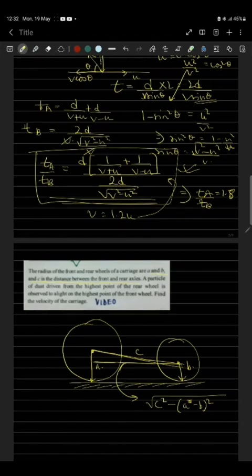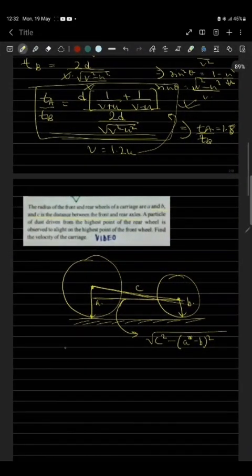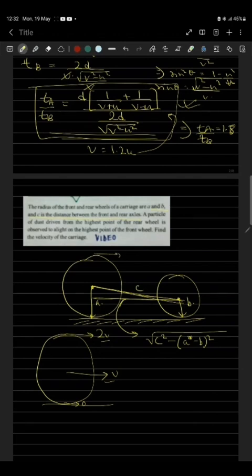Okay. So now for the circular rolling motion, it is in pure rolling: this is 0 velocity, center of mass moving at v velocity, and topmost particle moves at the 2v velocity. So the particle of dust is driven from the highest point of the rear wheel.